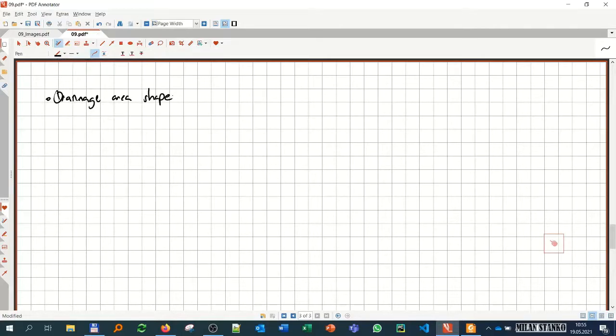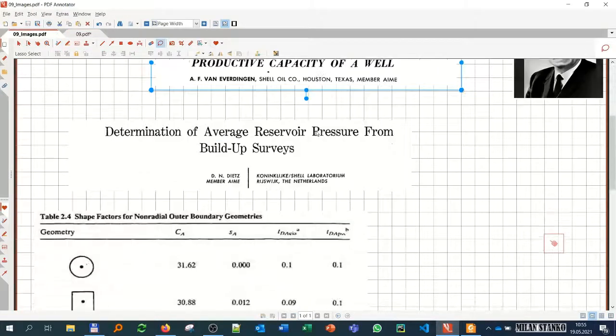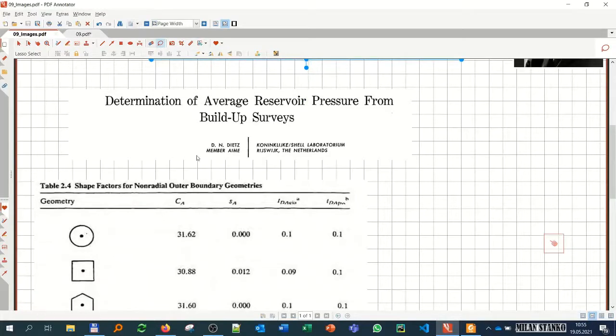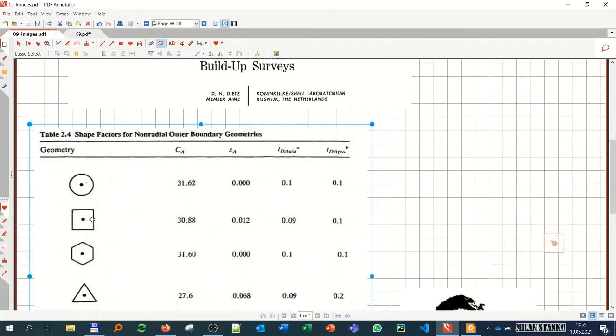I think this was in 1965, and was another engineer from Shell called Daniel Dietz, who was working in the Netherlands. He said you don't necessarily need to have a circular geometry.